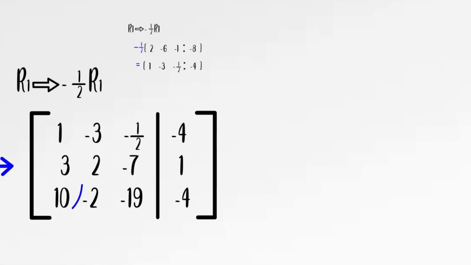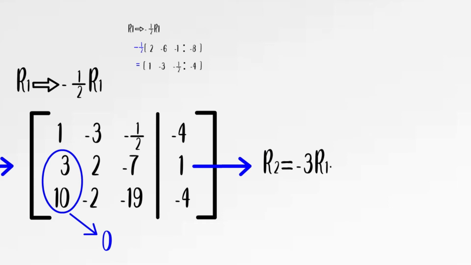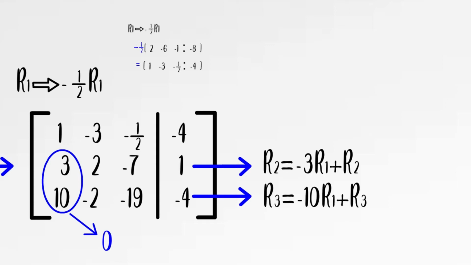Next, for R2, multiply negative 3 to R1, then add to R2. And for R3, multiply R1 by negative 10, then add to R3.